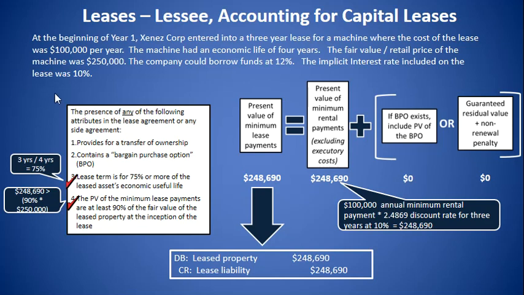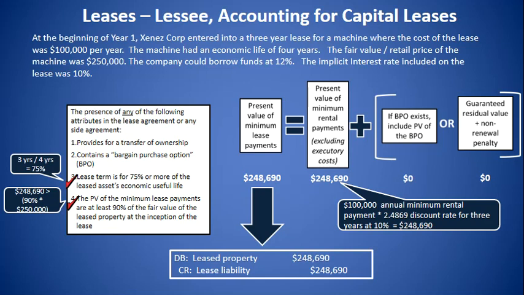Now, if we want to calculate the initial measurement of this lease liability, we start out with the present value of minimum rental payments. And again, that excludes any executory costs. In this case, we took the $100,000 annual minimum rental payment times 2.4869, and that is the discount factor at 10%.